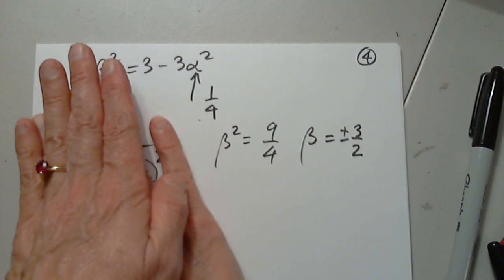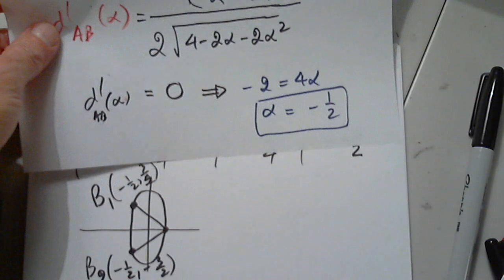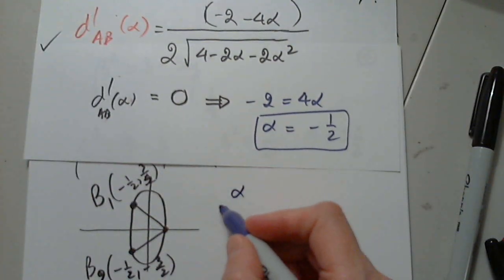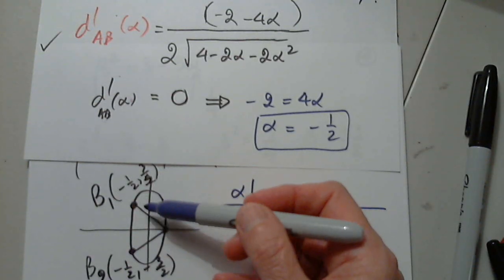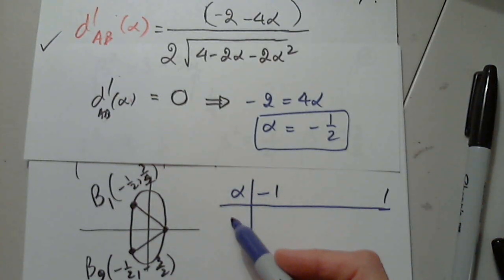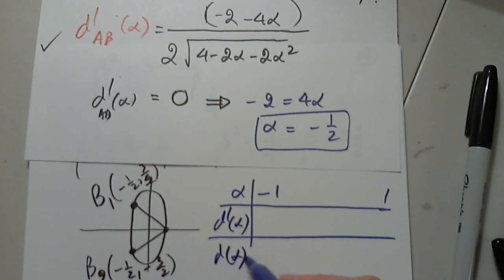I didn't show anything. Please don't forget, I jumped into conclusions. I cannot jump into conclusions. So alpha cannot be from -1 to 1. So d prime of alpha and d of alpha.